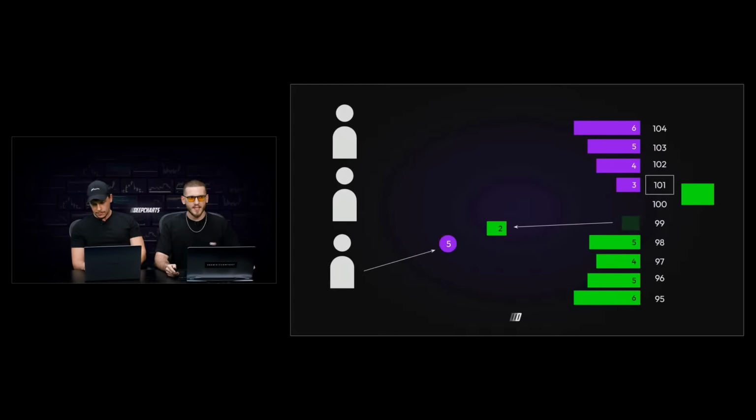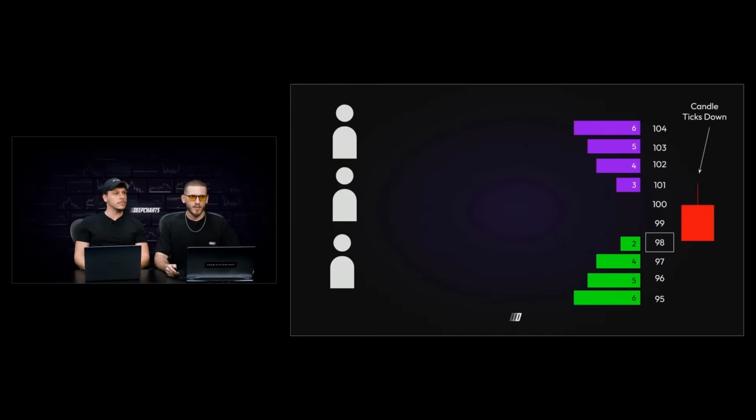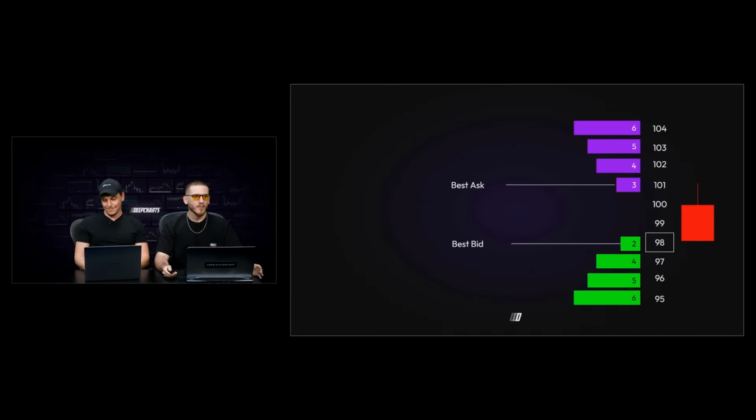Well, we have 2 at 99, and we have 3 at 98. So those orders are matched, and that becomes the new price. And the candle ticks down. The first time I heard about this as a noob price action trader, my head went, oh, so that's why candles move. Do you feel the same?